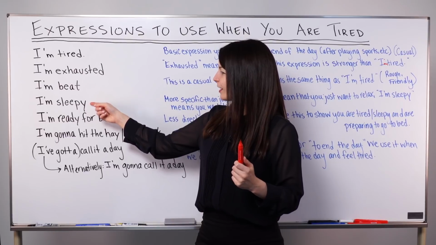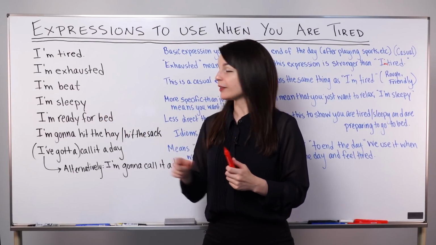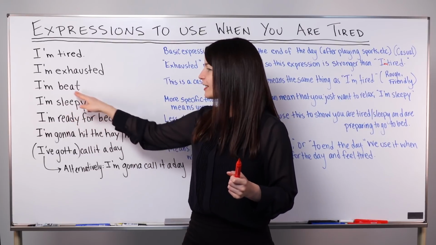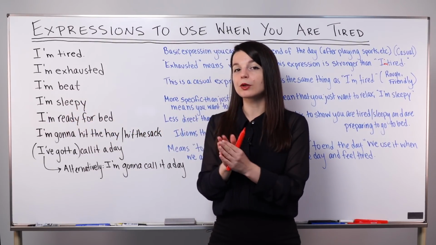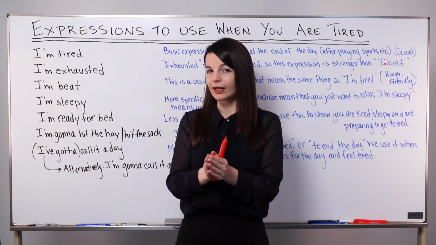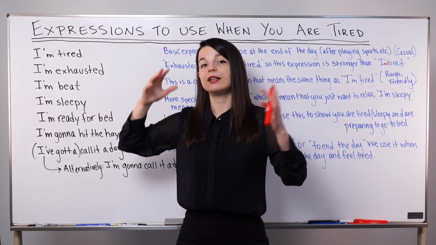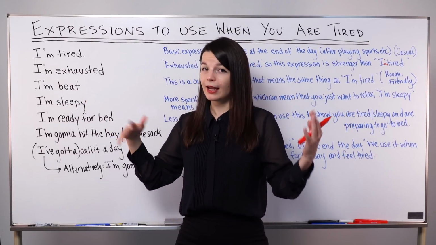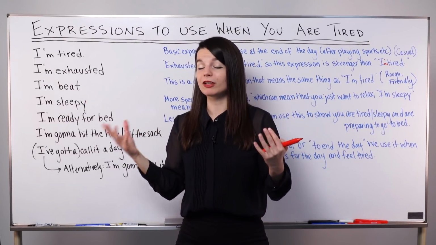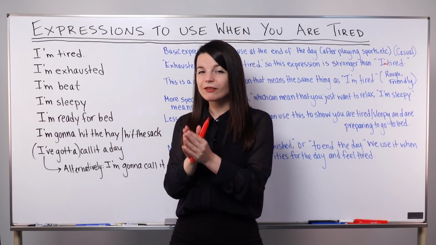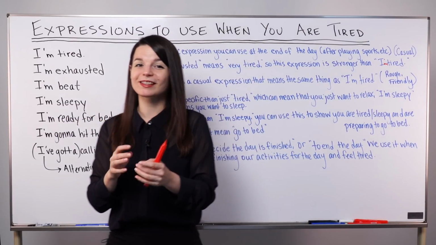I'm sleepy. You can see here, sleep is inside this word sleepy. So this word is more specific than these three: I'm tired, I'm exhausted, and I'm beat. These are kind of general words. But this word, sleepy, is specifically related to sleep.